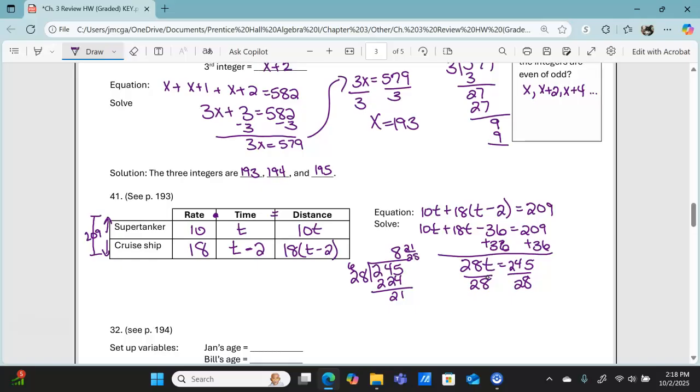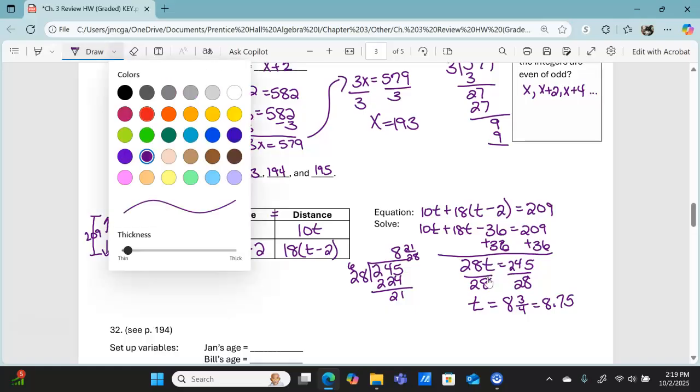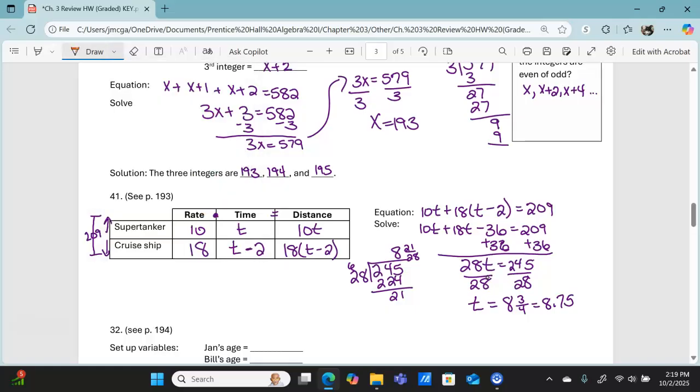I can see that 21 over 28 will reduce because they're both multiples of 7. And so 21 divided by 7 is 3. 28 divided by 7 is 4. So we get 8.75. You could have gone out on a decimal on this one and gotten the same thing. So that is the time for the super tanker.